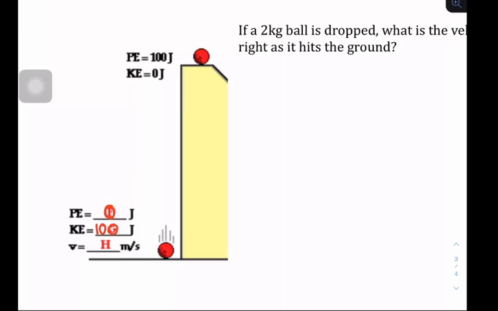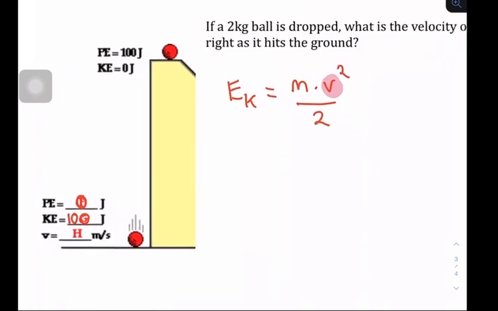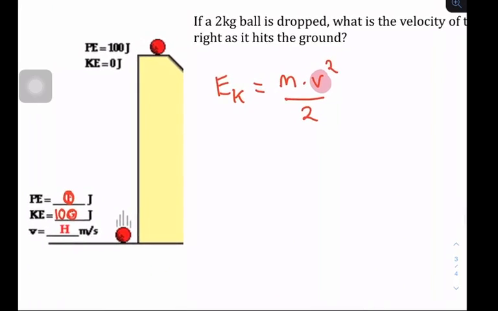So we look to our kinetic energy formula: mass times velocity squared divided by 2. I'm looking for velocity. I've shared that document with all of the rearranged formulas. But what we need to do is just do the opposite of things to get velocity by itself. I'm going to multiply both sides by 2 to cancel out that divide by 2.